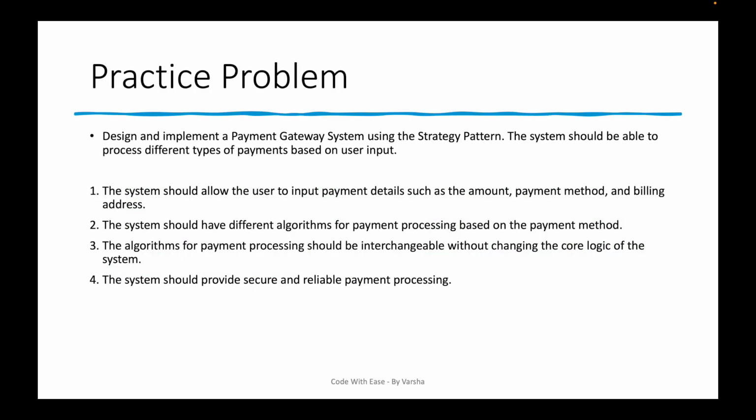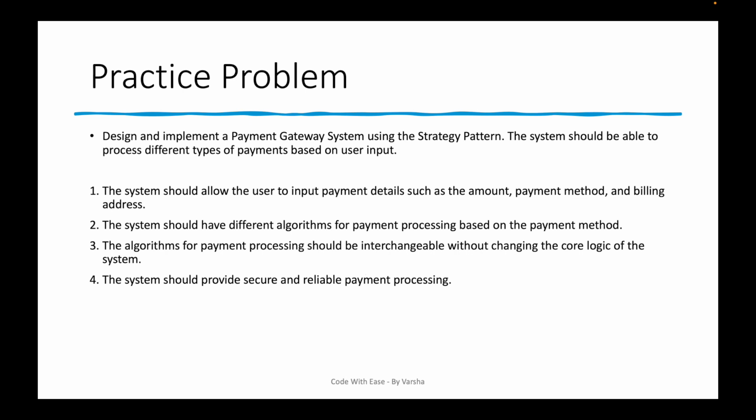Coming to the practice problem which we discussed at the beginning. This is the payment gateway system that you have to implement. In this, you can allow the user to give all the payment details: the amount, the method, and the billing address. Now, for the payment processing that we were talking of in the real world scenario slide, you have to consider that the algorithms for payment processing should be interchangeable, so I can choose any of the algorithms.